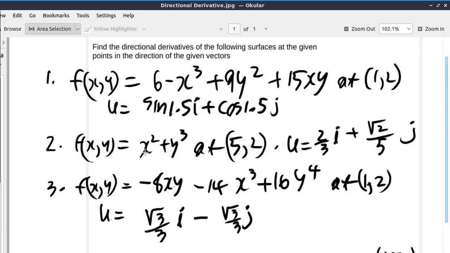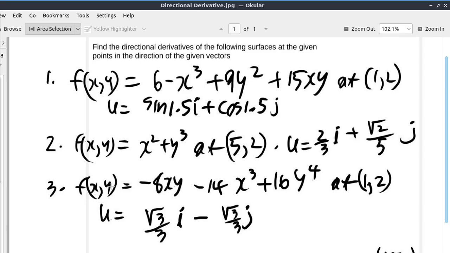Alright, question 2, f of x y is equal to x squared plus y cubed at (5, 2), and in the direction of the vector u equals 2/3 i plus square root of 2 over 5 j. So remember, you should write all of these down on paper and work them out.